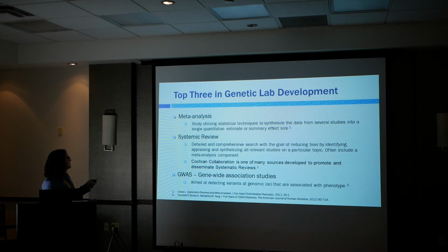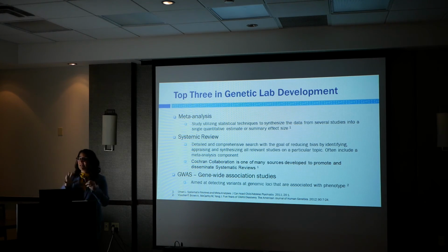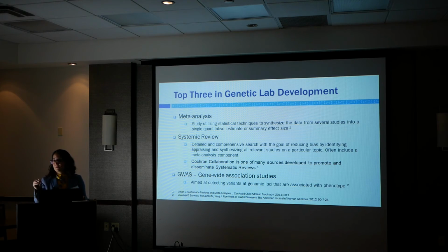So our top three that we look at: meta-analyses, that's a study using statistical techniques to assess a bunch of different studies. So we can look at huge populations, and that really can benefit our ability to understand something like a single nucleotide polymorphism.